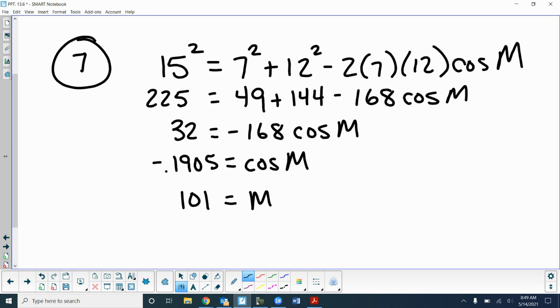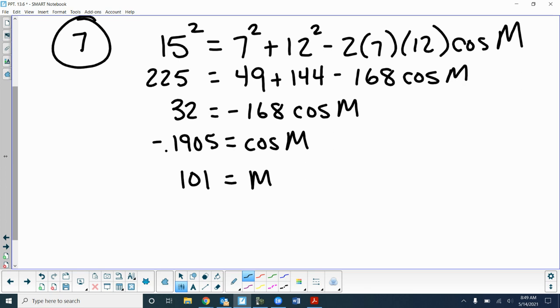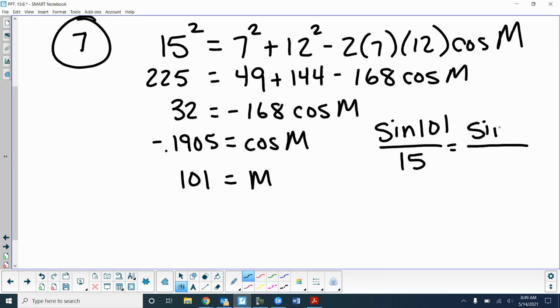And now I'm going to go for angle L because it's the smaller of the two, using law of sines. So I'm going to go sine of 101 over 15, and then sine of angle L, and I think it was a 7, wasn't it?